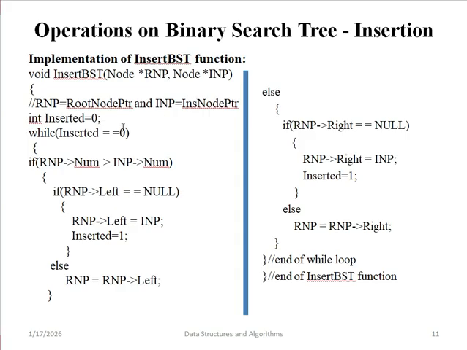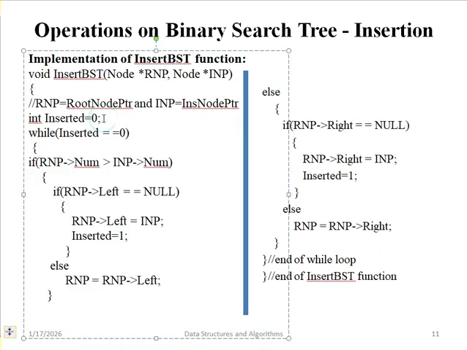Then we loop while inserted is equal to 0. This variable is used for indicating whether the node is inserted or not. If not inserted, we continue searching for the position of the node.